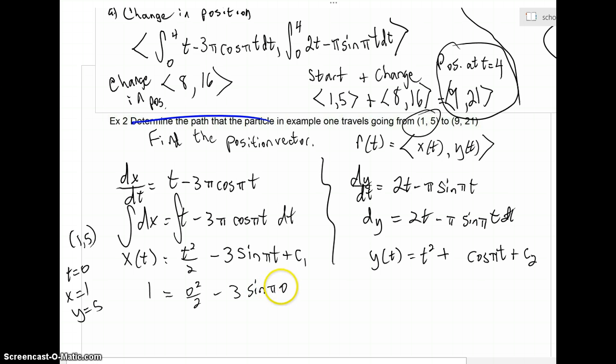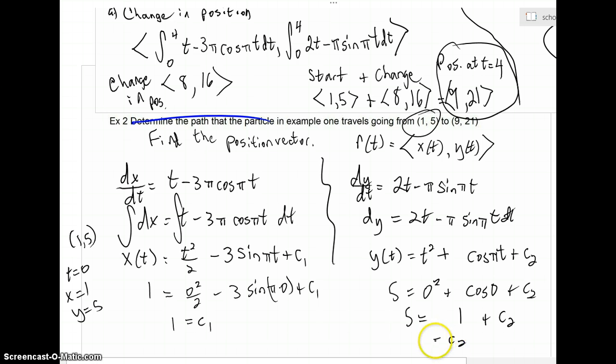By the way, the sine of 0 we all know is 0. So we're going to be left nicely with c1 equal to 1. Plugging in a 5 for y here and plugging in 0 for our t. Please be careful. I hope you're well aware that the cosine of 0 is not 0, it's 1. And as I subtract a 1, I get c2 equals 4.